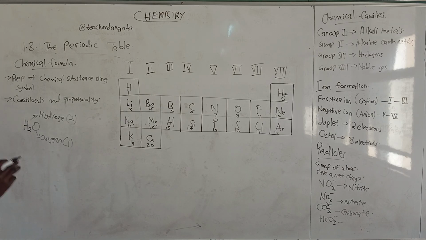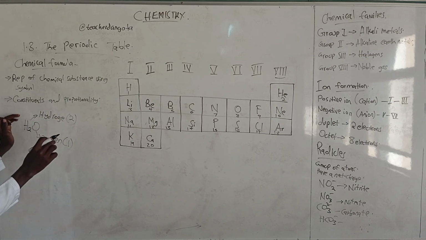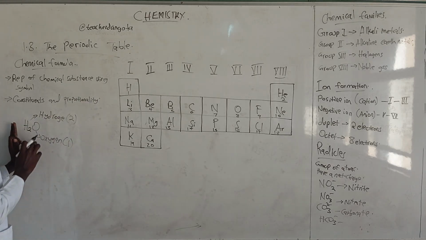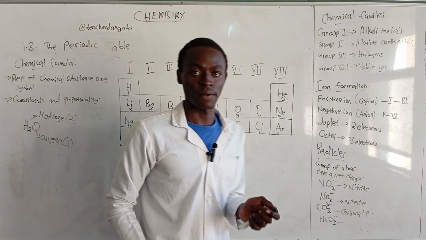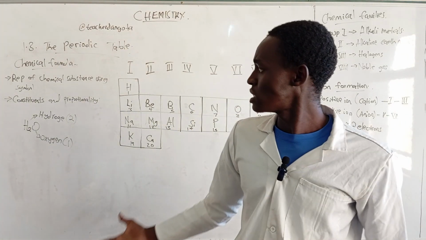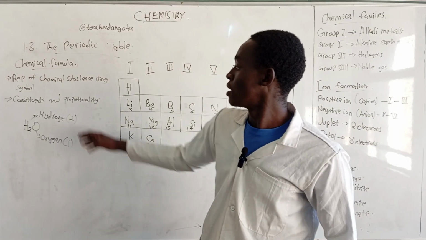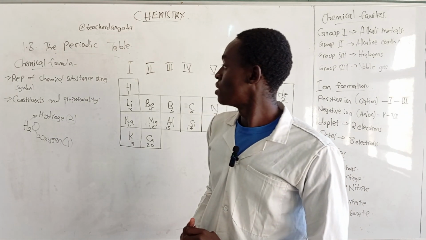So the constituents are hydrogen and oxygen, and the proportionality is 2 atoms of hydrogen and 1 atom of oxygen in the formation of water. That is how we identify the constituents and the proportions of a substance using a chemical formula.